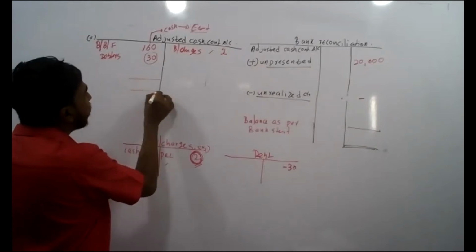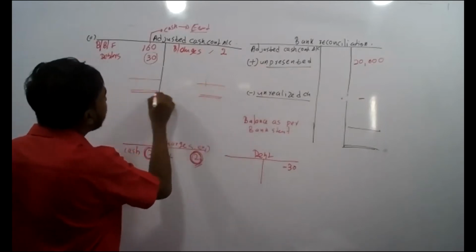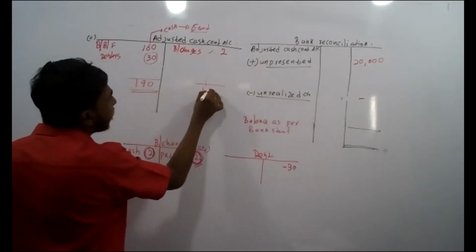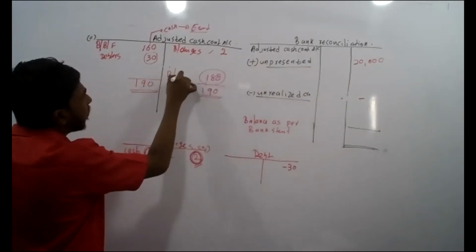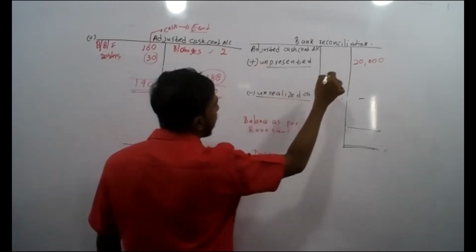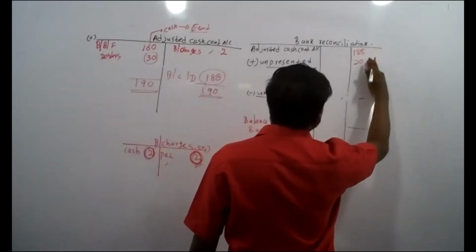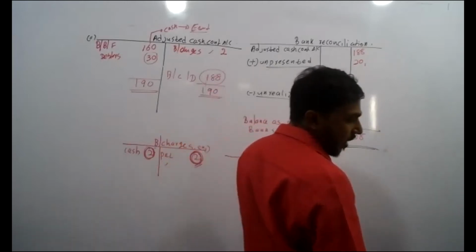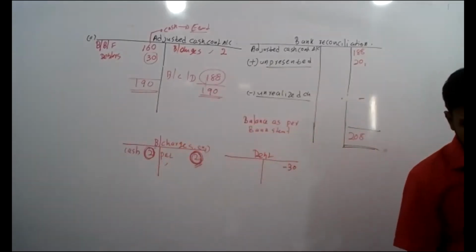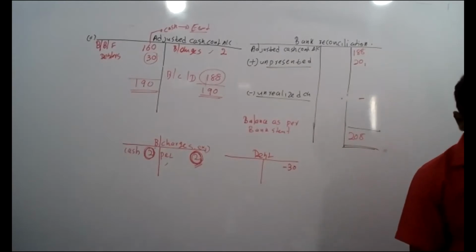So the adjusted cash control account balance is how much now? 190, and this is 188. Balance carried down 188. You take the 188 to here. I will make this also from 1000. Then this is 208. The balance as per bank statement is 208.